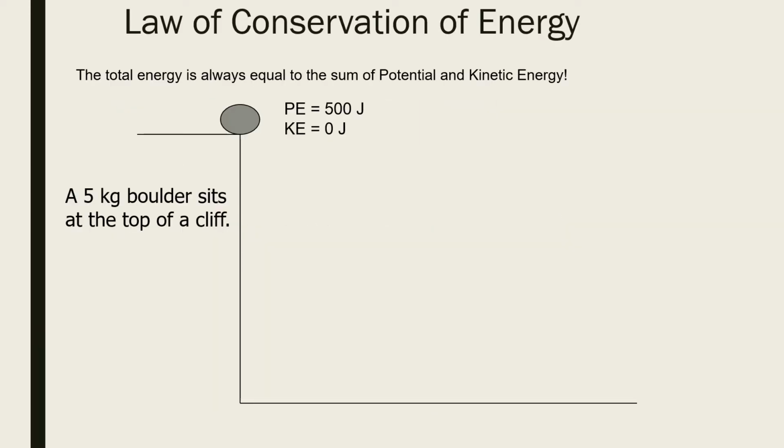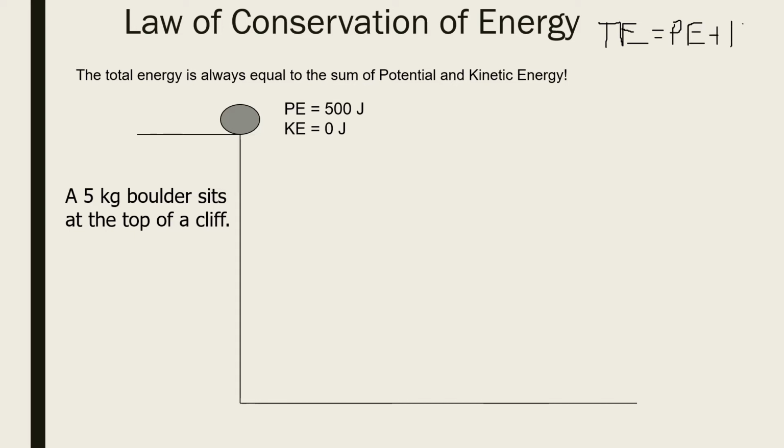Okay, so we have done a problem like this before, but I want to add a little bit more math to it. The total energy is always equal to the sum of potential and kinetic energy. We're not going to do dissipated energy. We're not going to do friction. We're just going to say that TE equals PE plus KE.